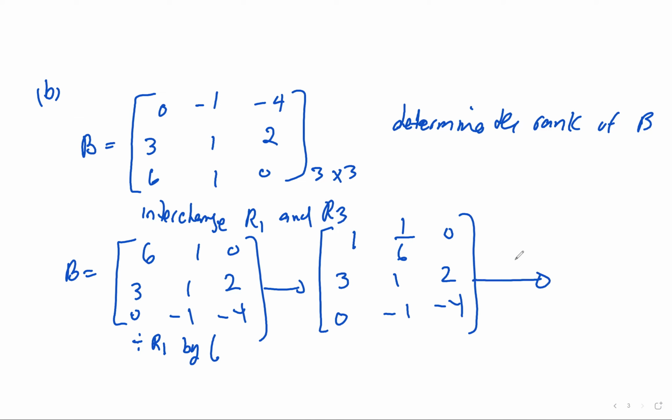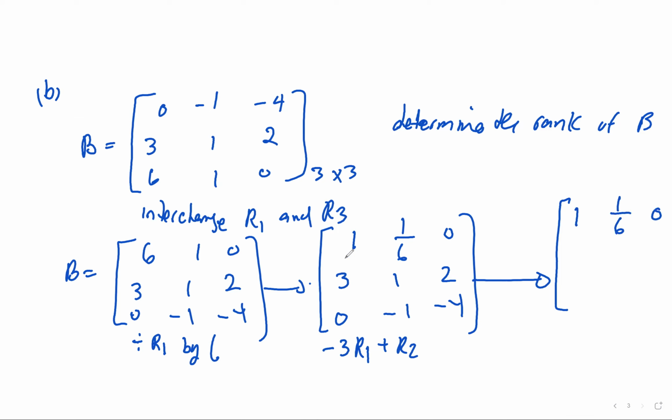Now, what we need to do, we can see we have 3 here, and then we have 1 here. So we multiply row 1 by -3, because -3 and +3 is going to give us 0 here. So we multiply row 1 by -3 and then add it to row 2. So we write row 1: 1, 1 over 6, 0.